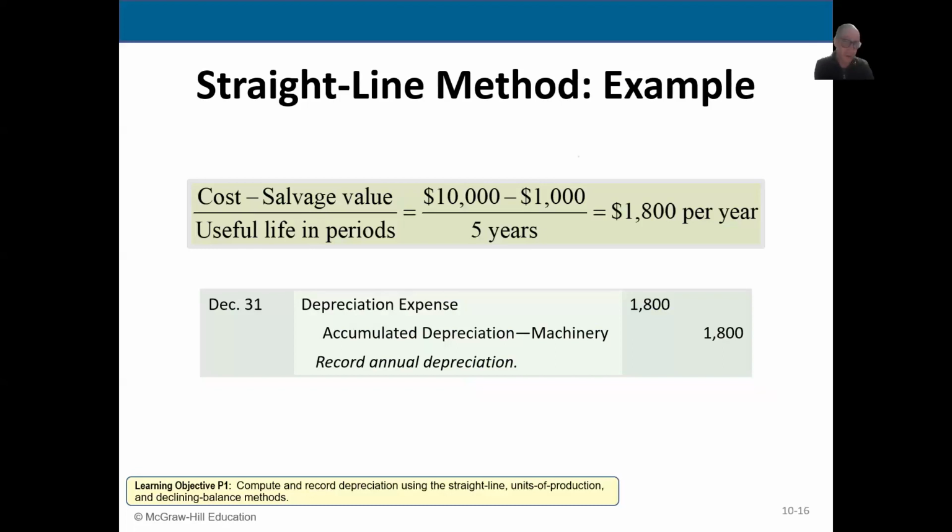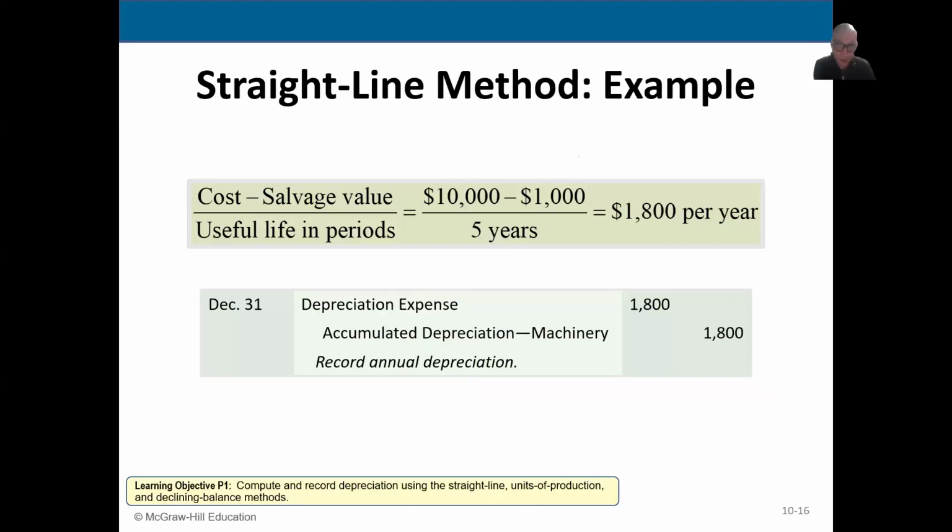So that gives us a total of $9,000 of depreciable cost. So 9,000 divided by 5 years. That gives us $1,800 per year for 5 years.